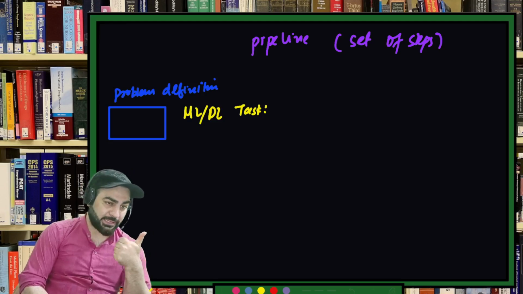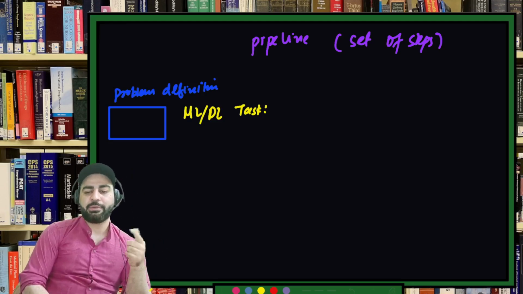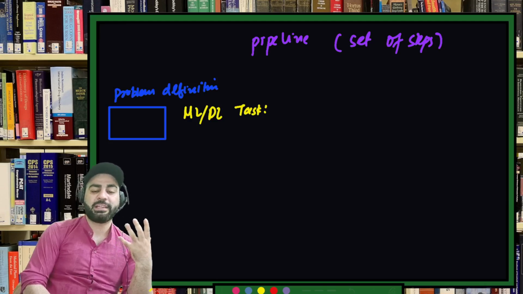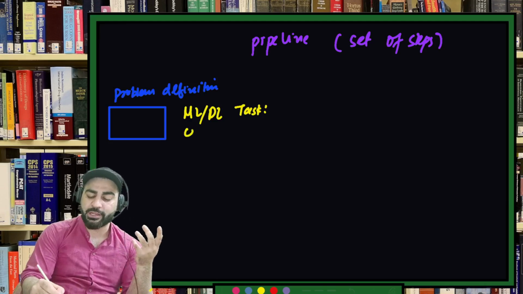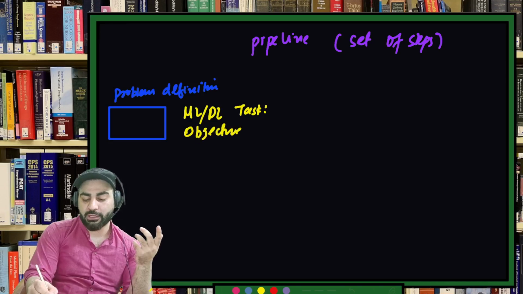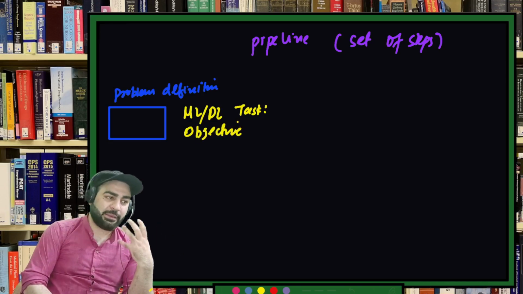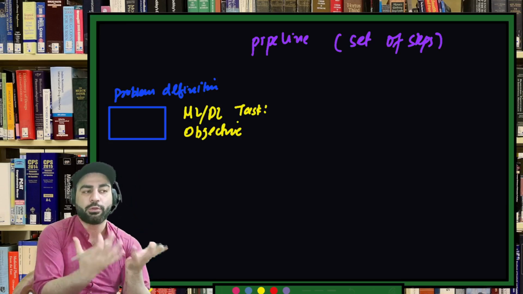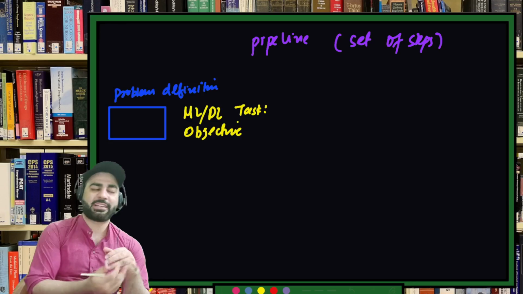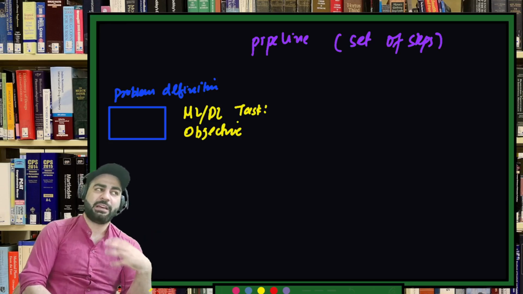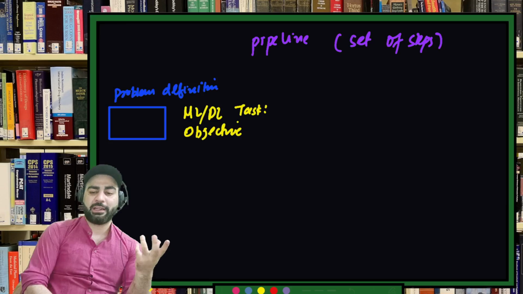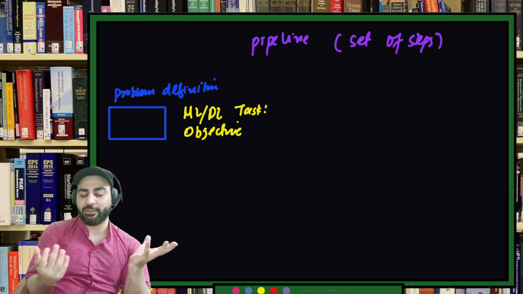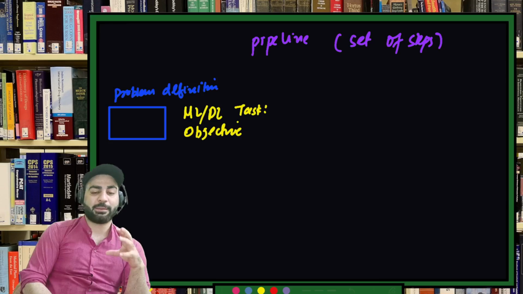The task can be classification, regression, object detection, whatever it is. Then you also define an objective of the task: understand the business and scientific objectives, what you want to achieve. If it's classification, what do you want to classify? If it's a regression task, what do you want to predict? If it's object detection, what kind of object do you want to detect? So you define the objective. That is the problem definition.